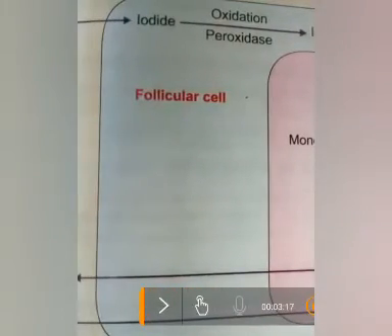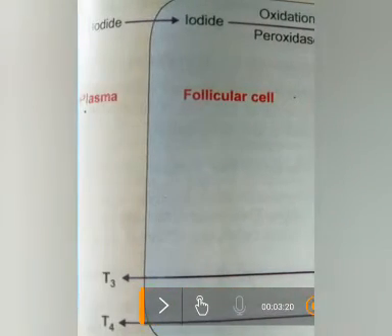Then there is a follicular cell, and the plasma is also there. Usually the iodide is present in the plasma. This iodide is transported from the plasma to the follicular cells. You can see one of the arrows here. This takes place via an active transport mechanism.